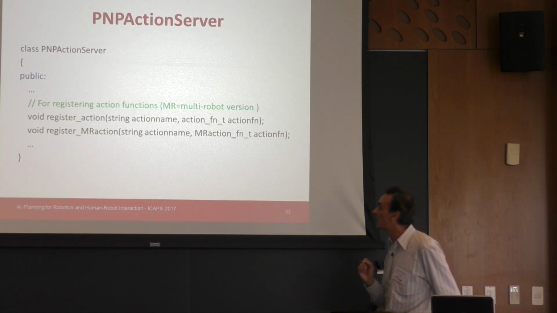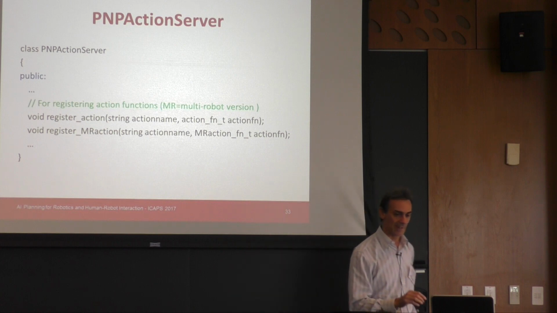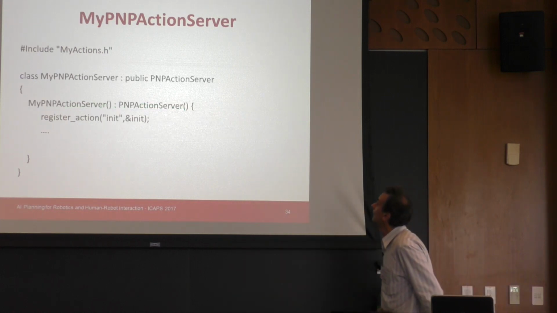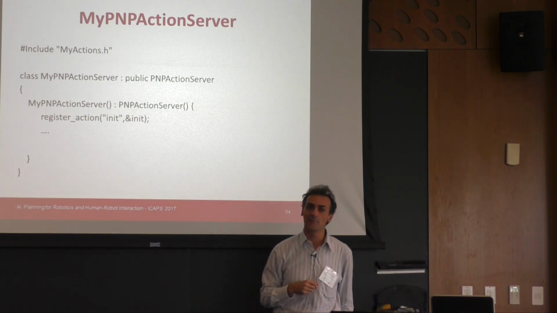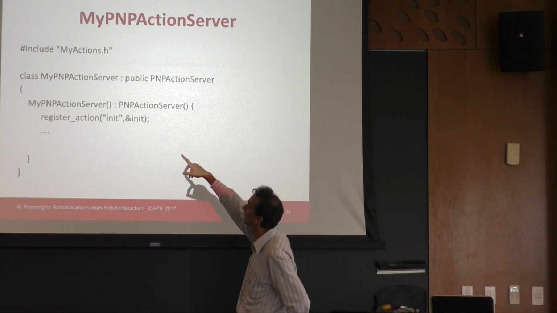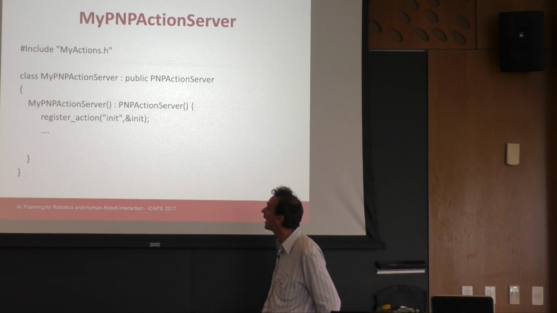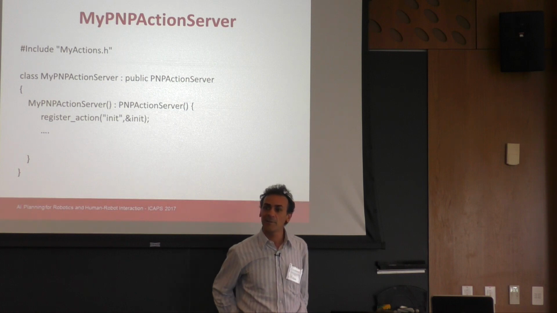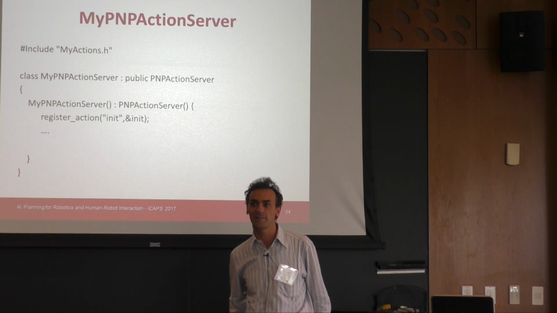This is done by registering the actions through a specific function. And so the minimal action server that you have to write to use the PNP ROS library should contain your class that derives from the PNP action server class that is in the library. And here you have to provide the link between the names of the actions that are in the PNP and the functions that implement these actions.